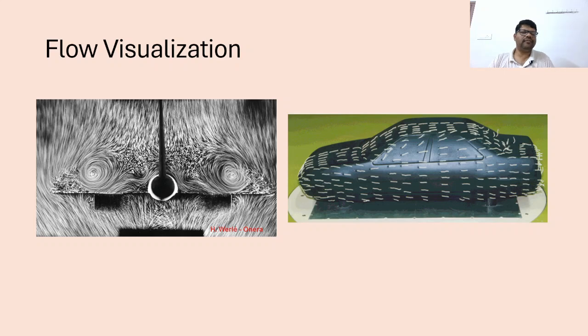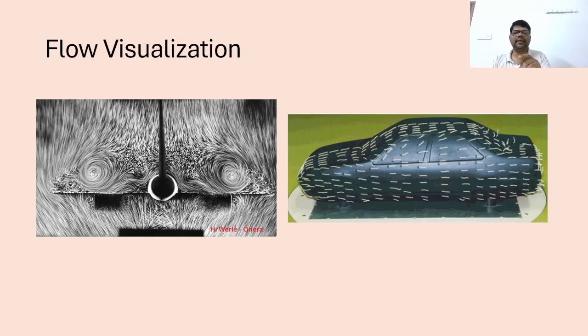A sheet of light is passed over the body of the airplane at a particular cross section, and the image is captured to visualize the flow pattern, right? The air bubbles are seen as white dots or white lines. With the help of air bubbles, you can see the flow direction and flow pattern.